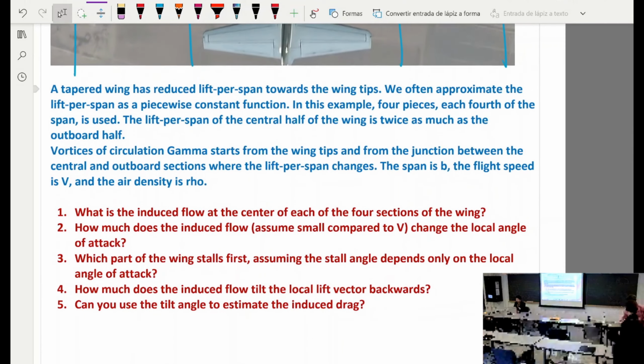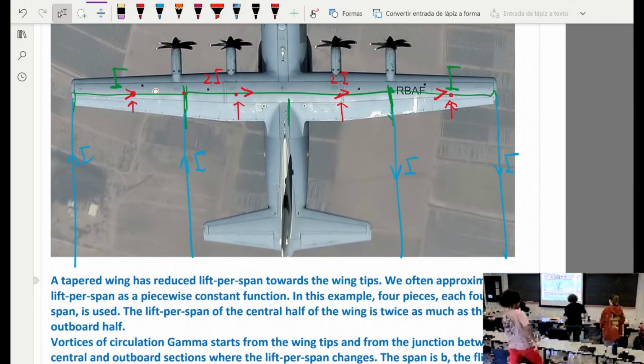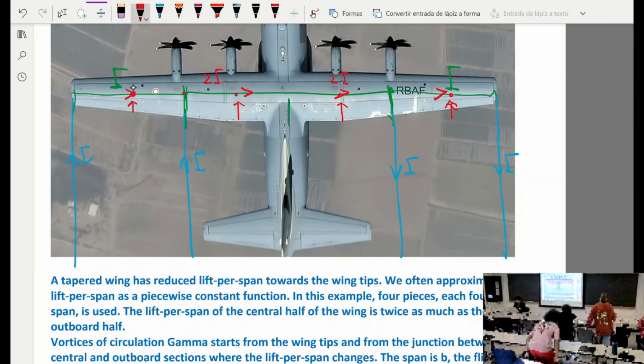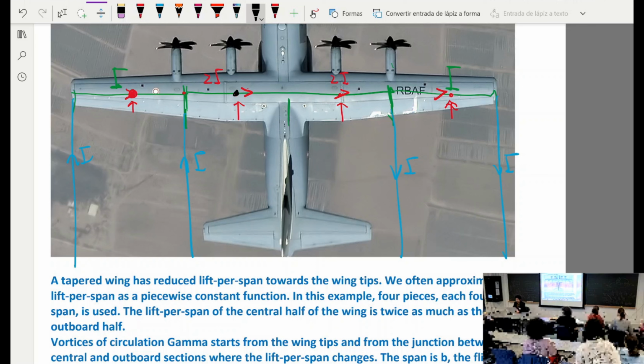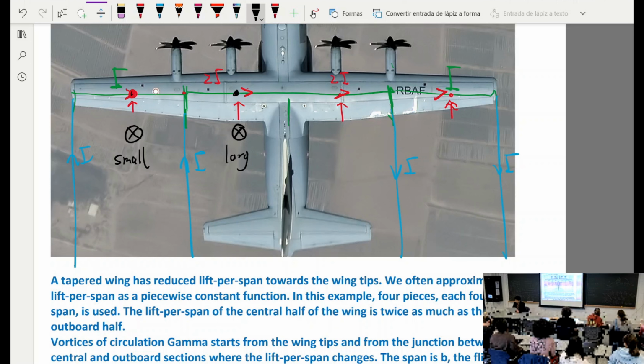First of all, what is the induced flow at the center of each of these sections of the wing? I think I saw all of your calculations, but it is pretty clear that the induced flow here and here are both downwards, right? The induced flow downwards here is small, and the induced flow here is large.